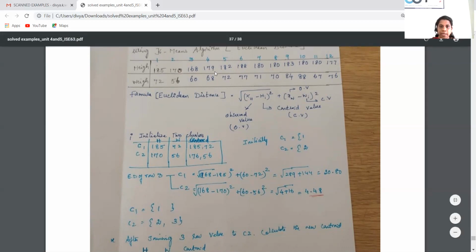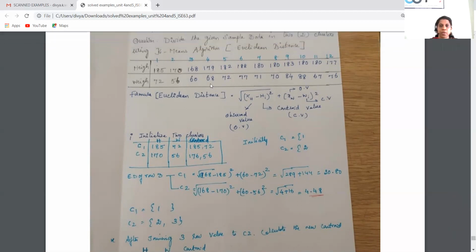Similarly, take the next point, that is the fourth point, and we'll calculate whether the fourth point is coming in this cluster or in this cluster. So how to do that? In a similar way, first I'll calculate the first point and fourth point distance, that is square root of 179 minus 185 whole square plus 68 minus 72 whole square.